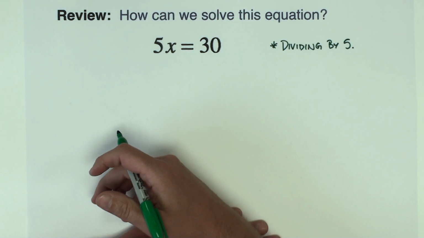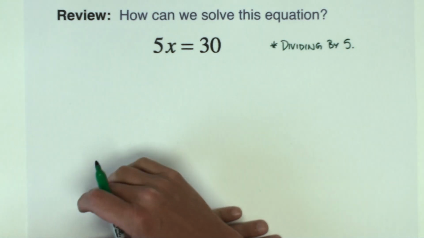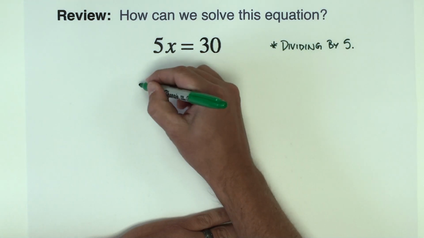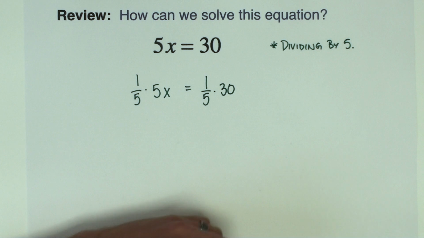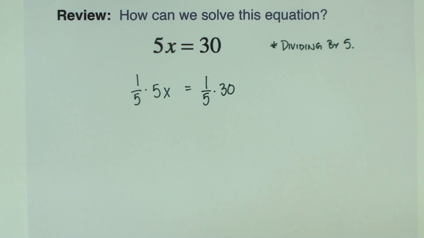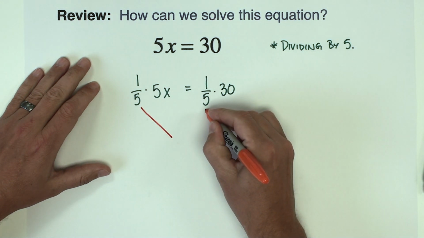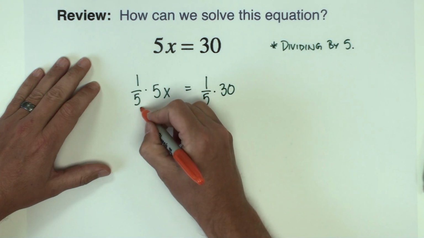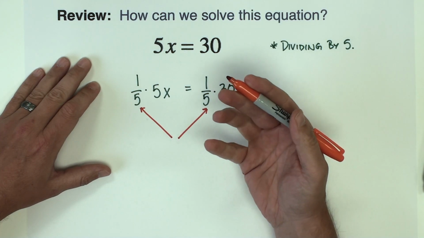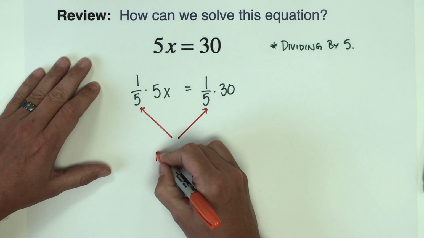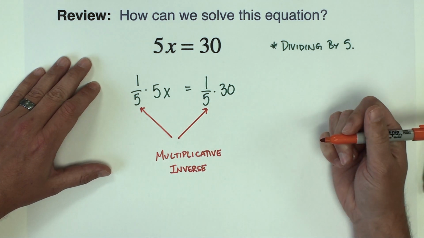Now another way that we can do this, and you typically do this when you have fractions as coefficients of the x, is we could do it like this. Instead of dividing by 5, we could multiply both sides by the reciprocal of 5. The reciprocal of 5 is also called the multiplicative inverse.